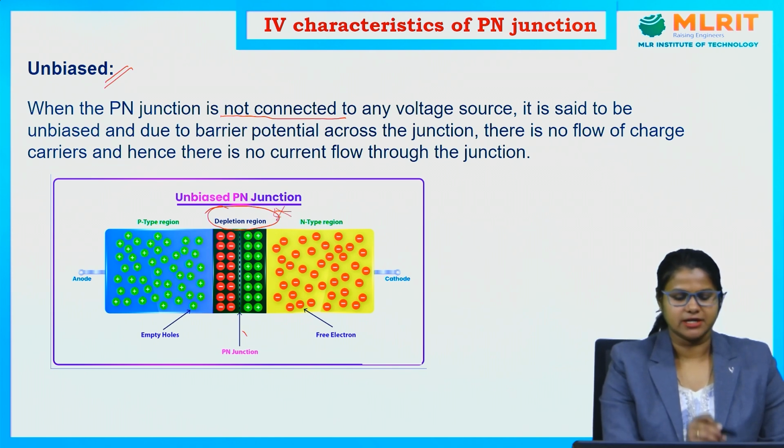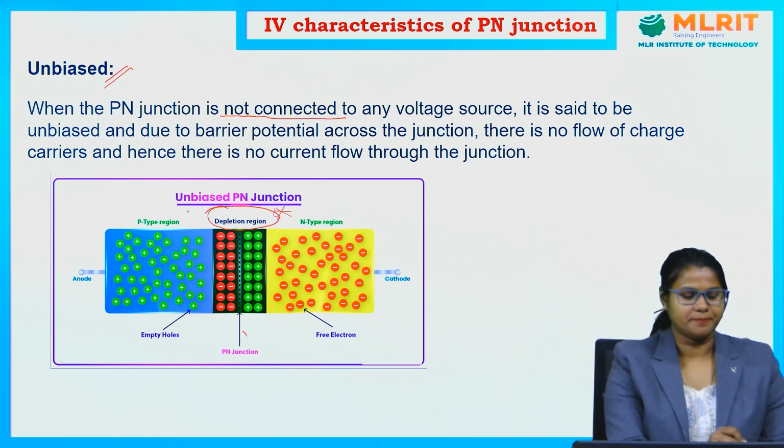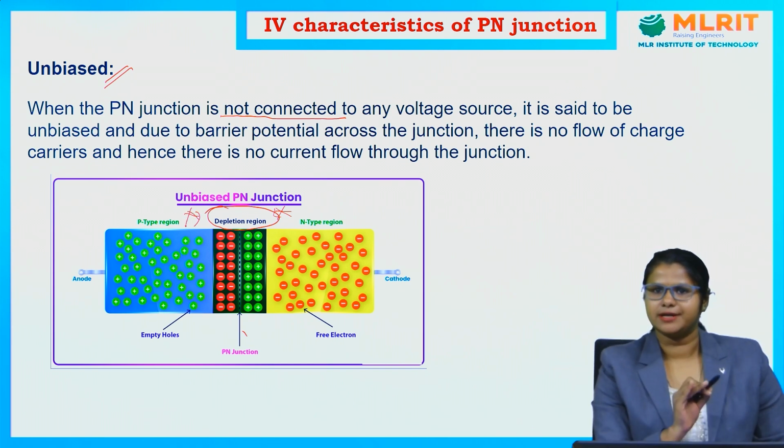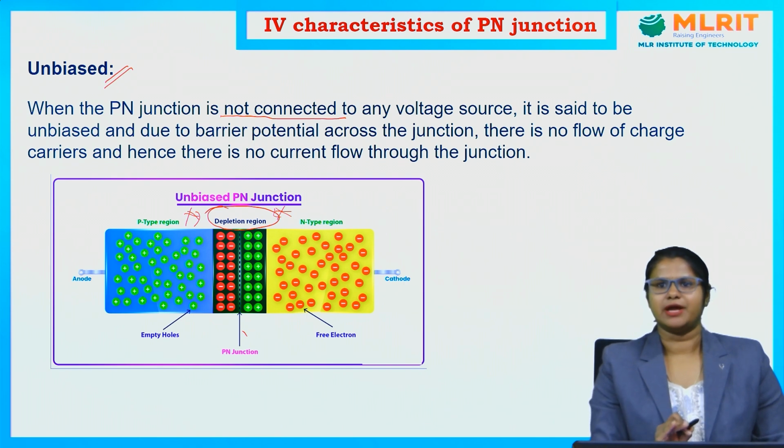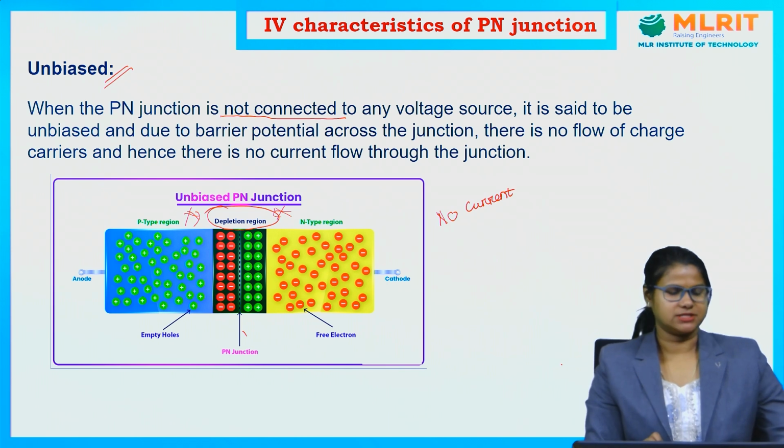Electrons cannot diffuse from the N side to the P side, and holes also cannot diffuse from the P side to the N side. That's why there will be no flow of current. So in the unbiased condition, there will be no current through the junction. This is all about the unbiased condition.